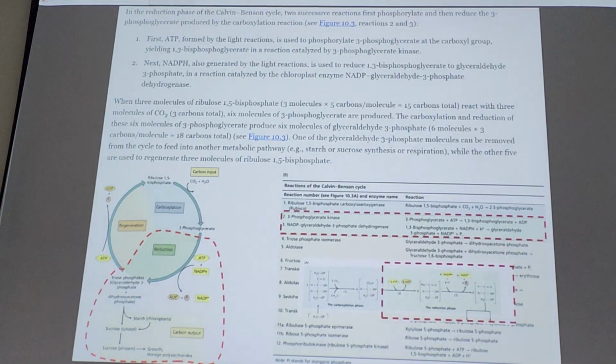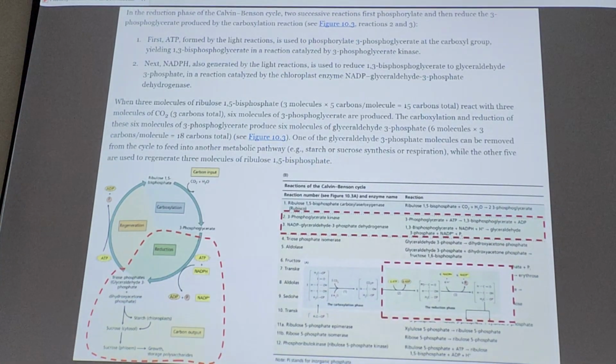So the reality is actually 3 times RuBP reacts with 3 times CO2. So the total carbon here is 18.